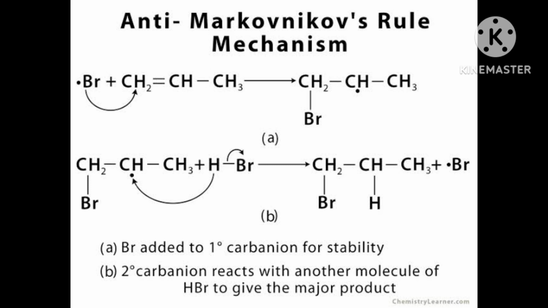The anti-Markovnikov rule is also called the peroxide effect, and also called the Kharasch effect, K-H-A-R-A-S-C-H. Okay, three names are there: anti-Markovnikov rule, peroxide effect, or Kharasch effect.